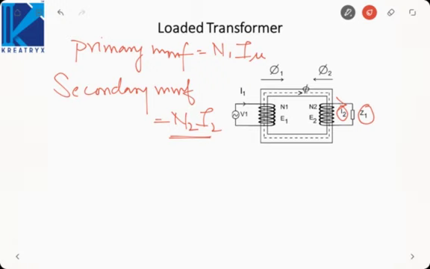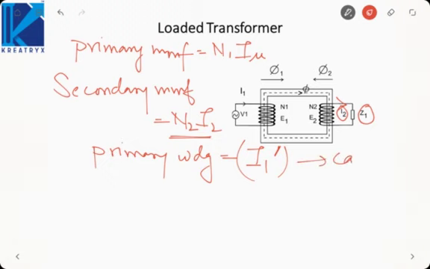Secondary winding is cancelling the primary flux, so primary flux will increase itself to compensate for the secondary flux. So primary winding draws an additional current I1 dash. The purpose of this I1 dash is to cancel the secondary MMF.